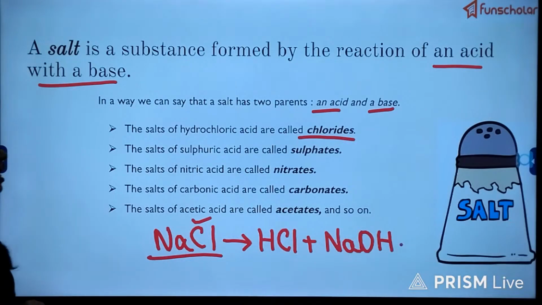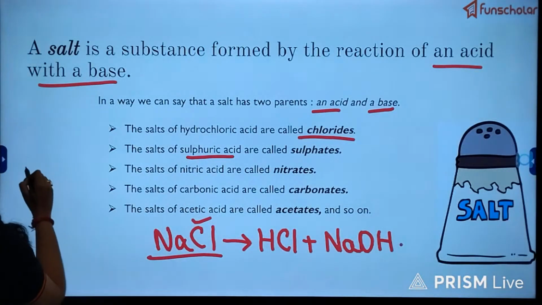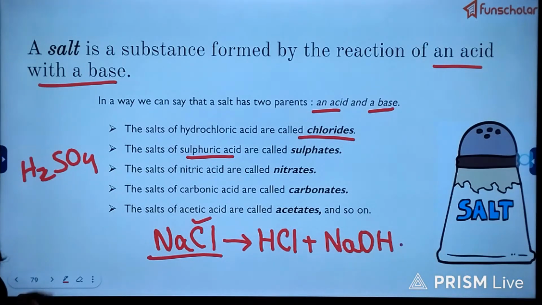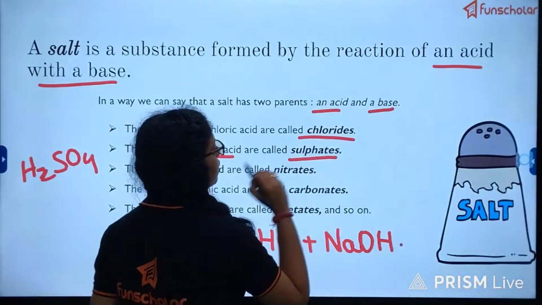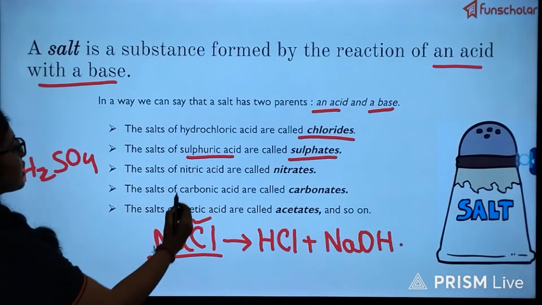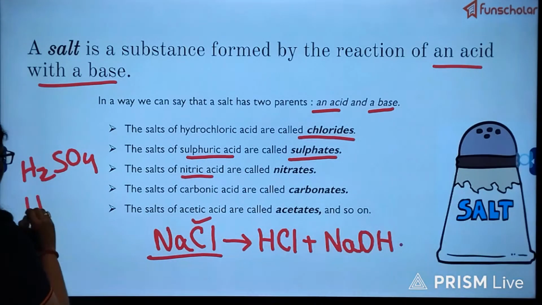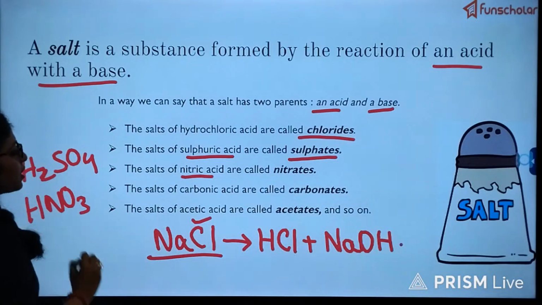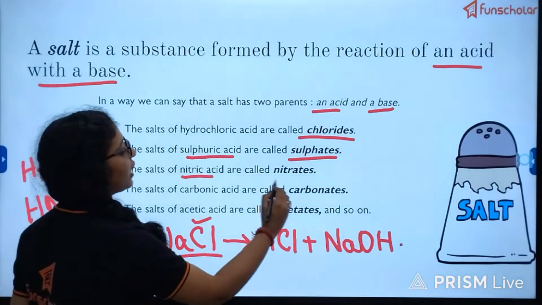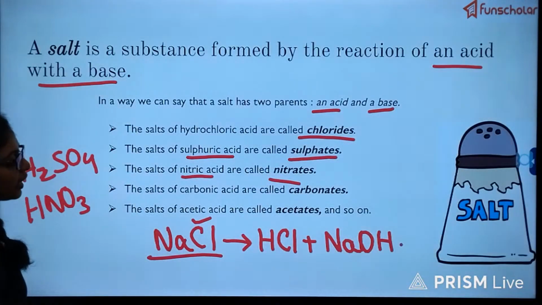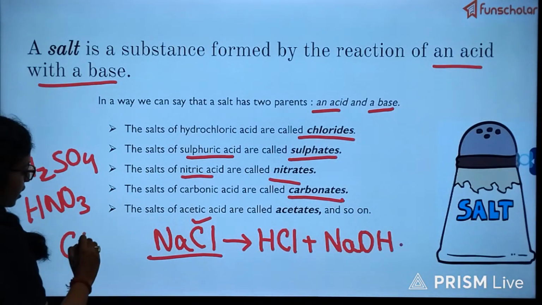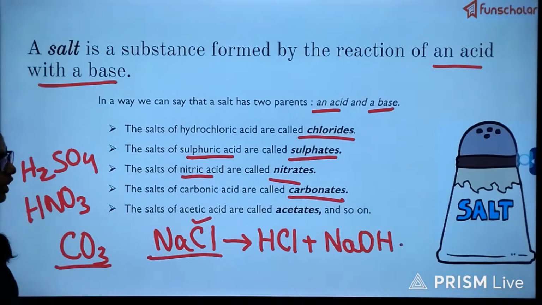The salt of sulfuric acid. Sulfuric acid means which one? H2SO4, another strong acid. This will give us the sulfates. Then there is nitric acid, which is another popular strong acid, right? The salts of nitric acid are called nitrates. The salts of carbonic acid are called carbonates, meaning it will end with the carbonate group, right?